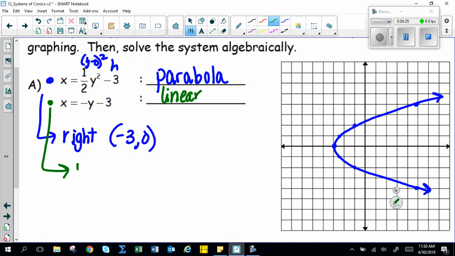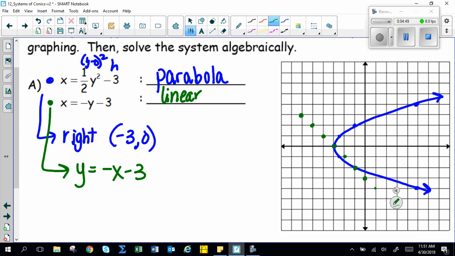So if I rewrote this, I could move the y to the left and the x to the right. And there is a nice linear equation that we learned how to graph in Algebra 1. We learned that the y-intercept was -3. 1, 2, 3. And I have a slope of -1. So up 1, left 1, up 1, left 1, up 1, left 1.